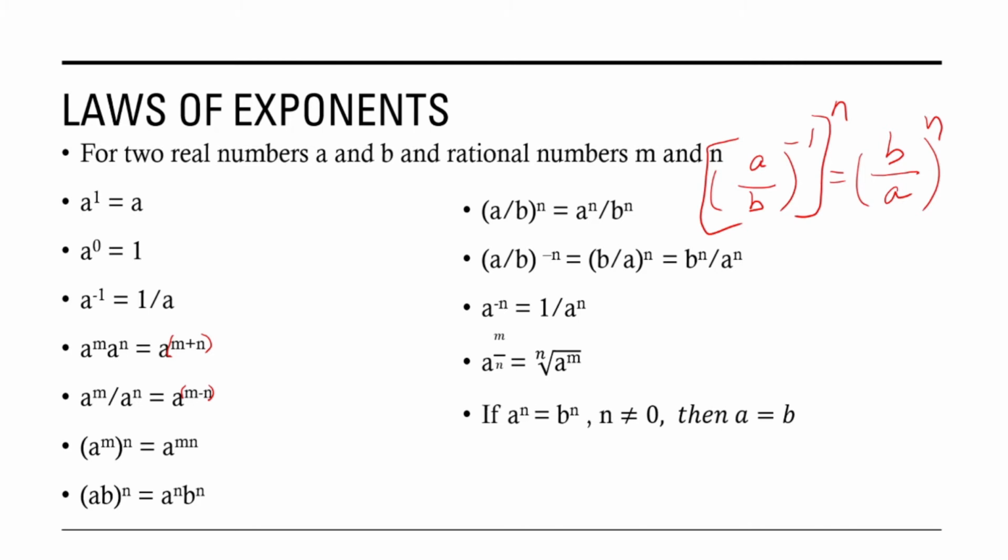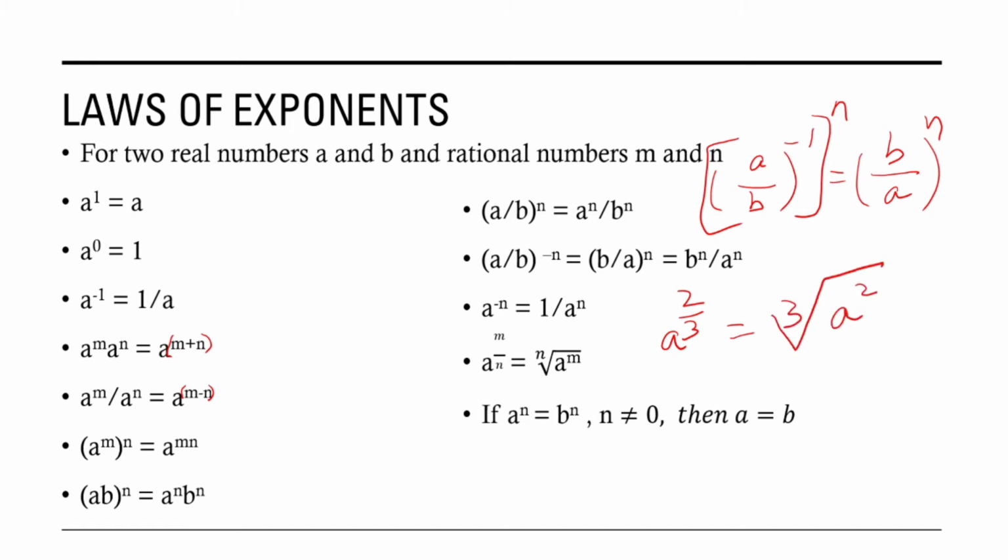Now we have the law for fractional index. That is, a raised to m by n is equal to nth root of a power m, or a raised to m. Say for example, a raised to 2 by 3 is equal to cube root of a square.